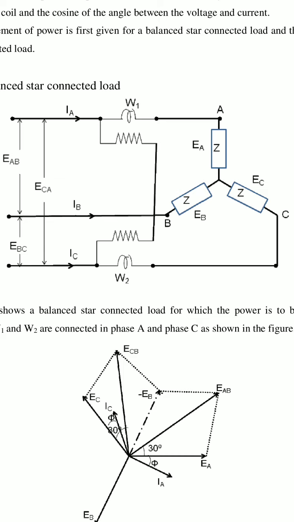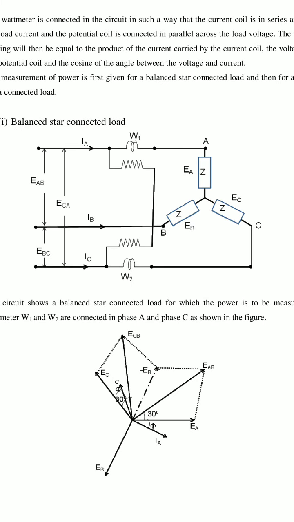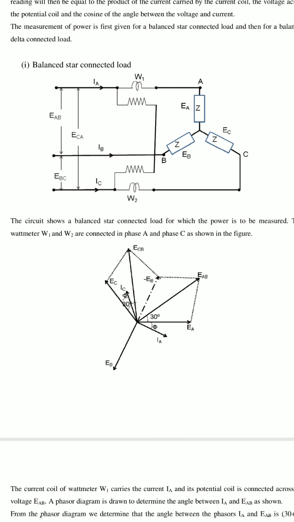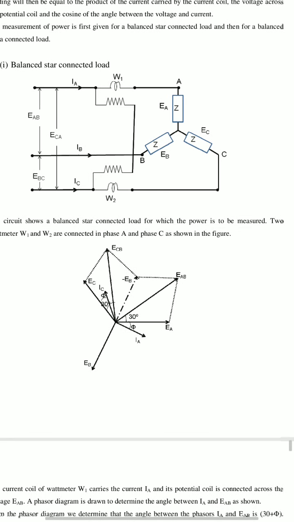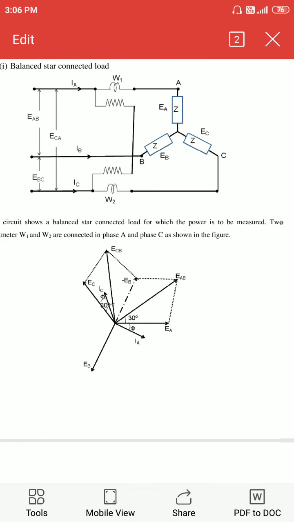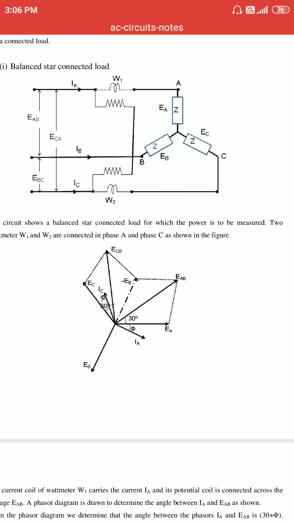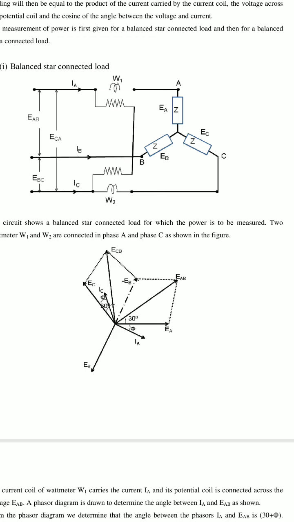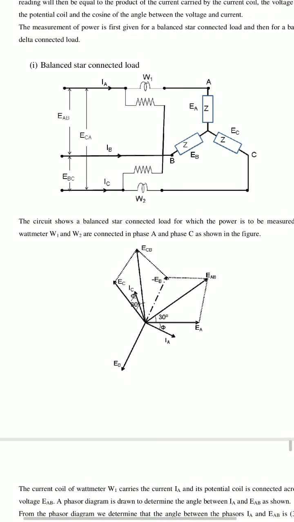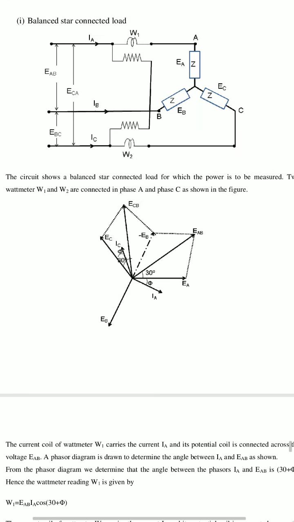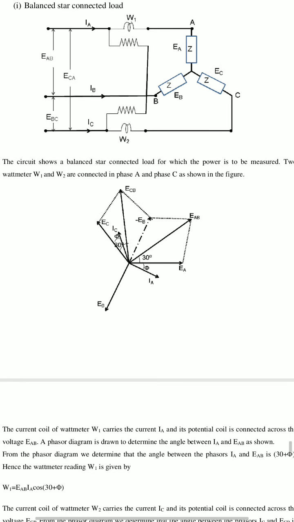So now from this observation, the circuit shows a balanced star connected load for which the power is to be measured. Two wattmeters W1 and W2 are connected in phase A and phase C as shown in the figure.